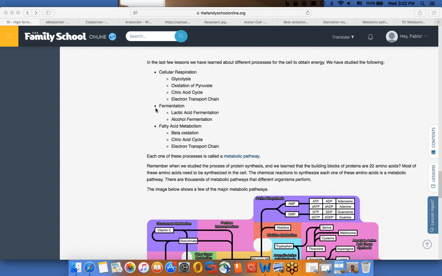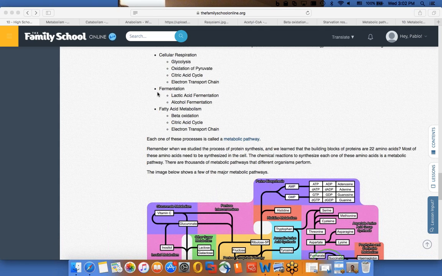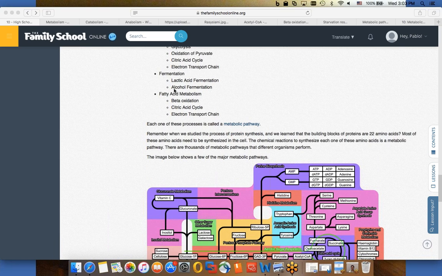Fermentation also starts with glucose and ends up with lactic acid and ATP, less ATP than respiration. Or the alcohol fermentation, you end up with alcohol and carbon dioxide and ATP.